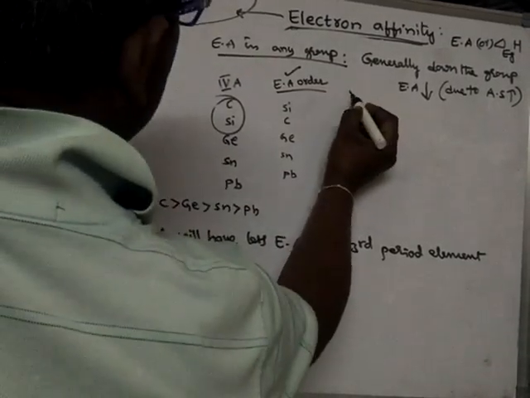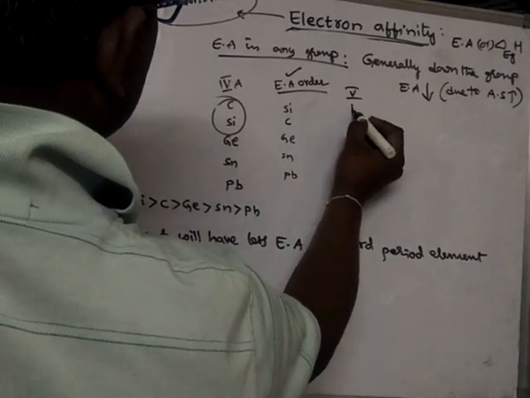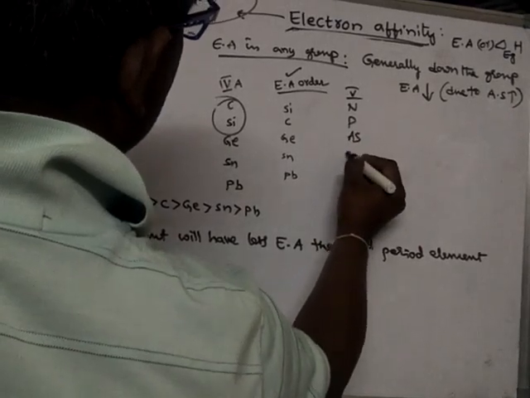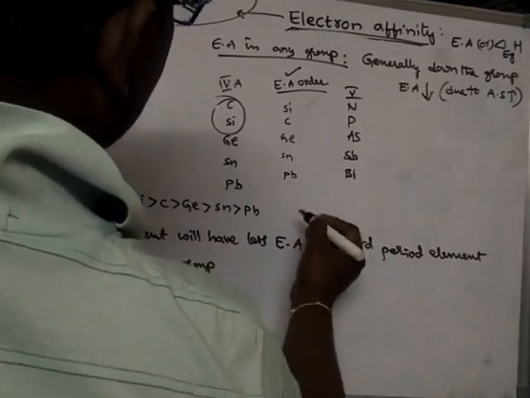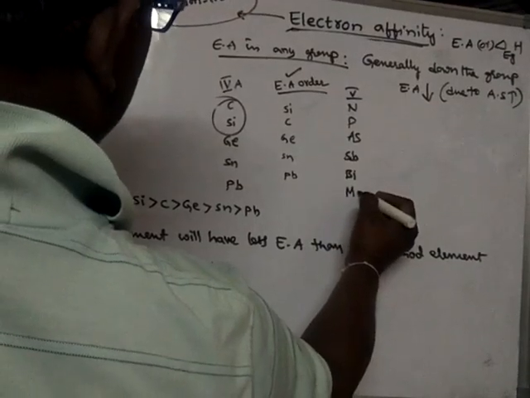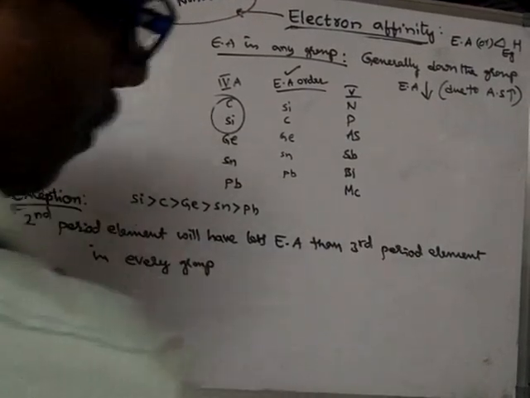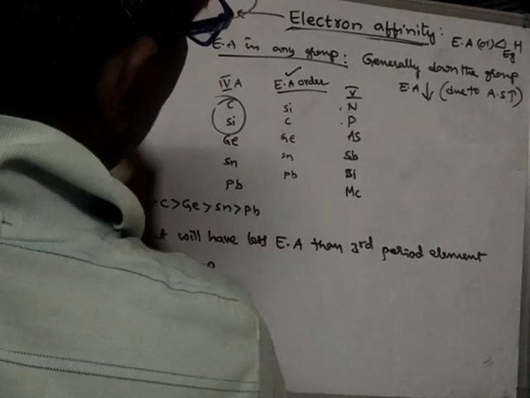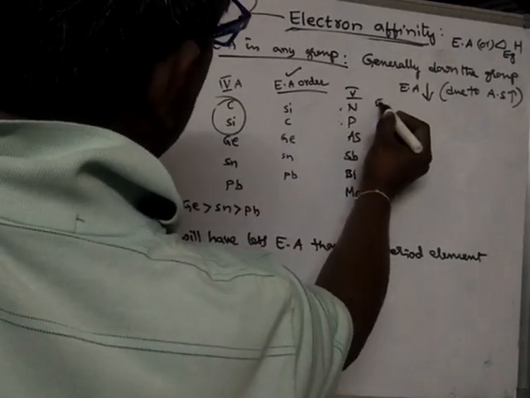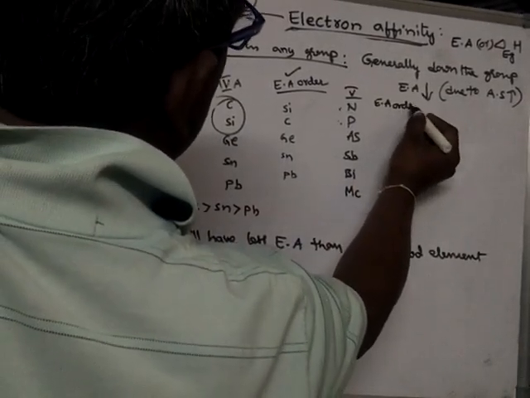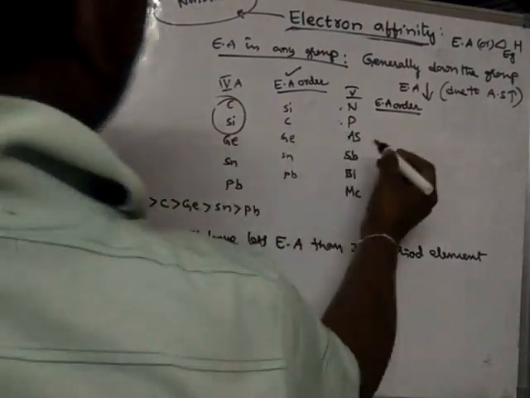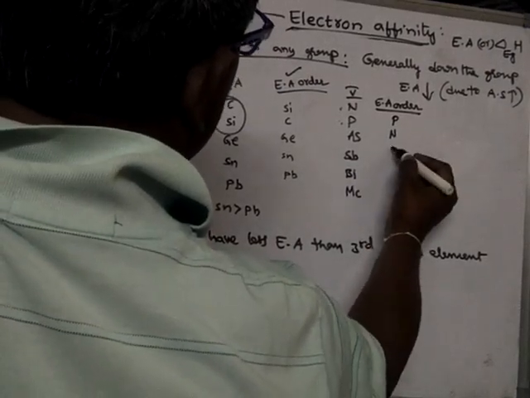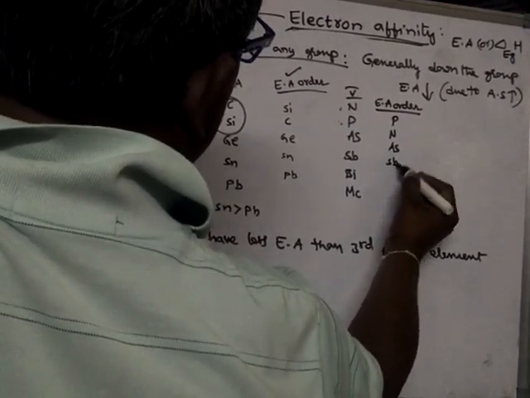In the same way, fifth A group elements, if you see, are nitrogen, phosphorus, arsenic, antimony, bismuth and moscovium. But what happens here? Interchange of these two will take place. So the actual electron affinity order will be like this. Phosphorus possesses more electron affinity than nitrogen, and from there onwards the order does not change.